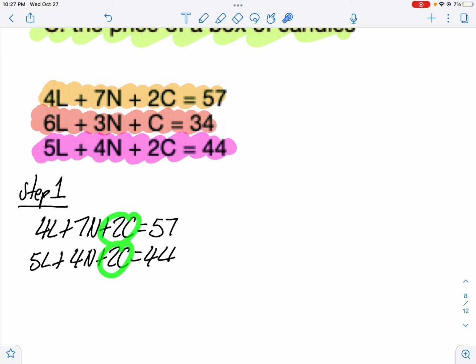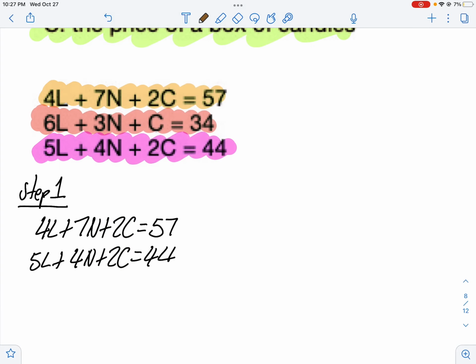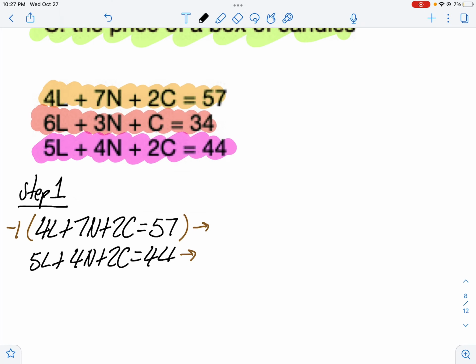Now, I know that these two do not cancel, so I got to make one of them negative. So I'm going to do that by multiplying one of them by -1. It doesn't really matter which one you pick to multiply by -1, but in this case, I'm going to pick the top equation. And that's going to give me -4L minus 7N minus 2C is equal to minus 57.